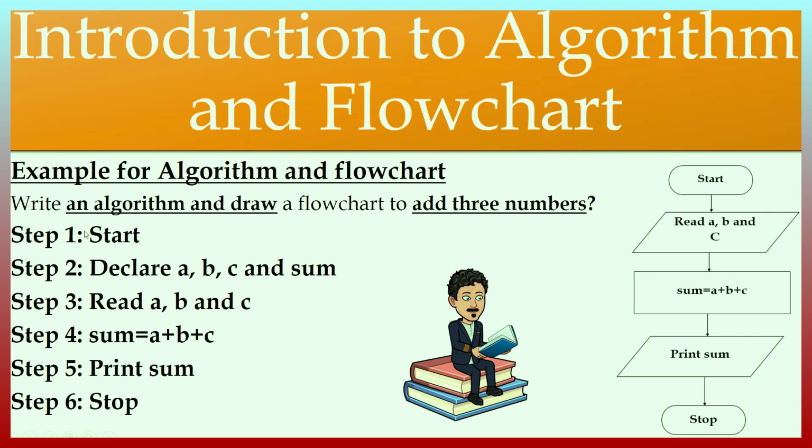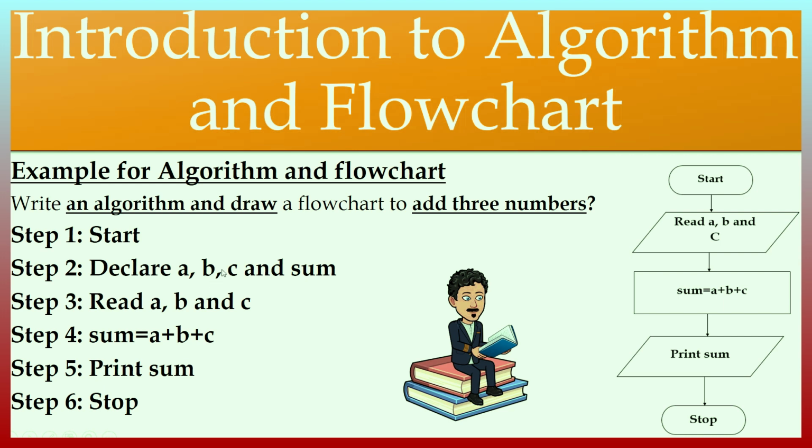Step one. Always step one in an algorithm is going to be start. And step two, we want to declare what variables we are going to use. What are variables? Variables are nothing but placeholders, or containers, to hold some value. So declare A, B, C. In A, I'm going to store the first value.